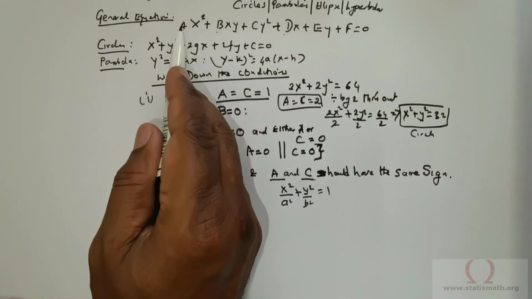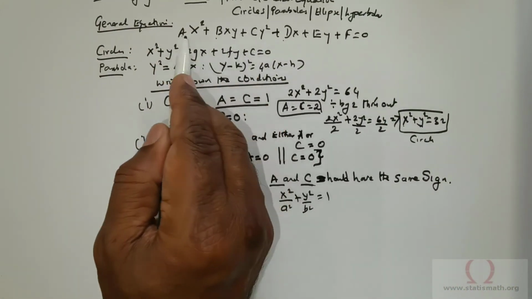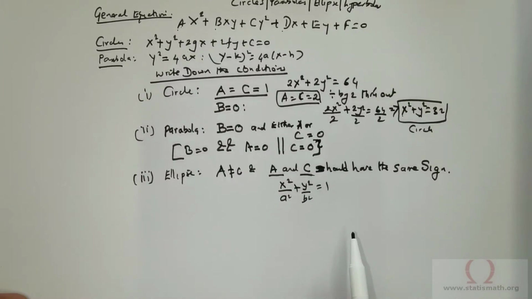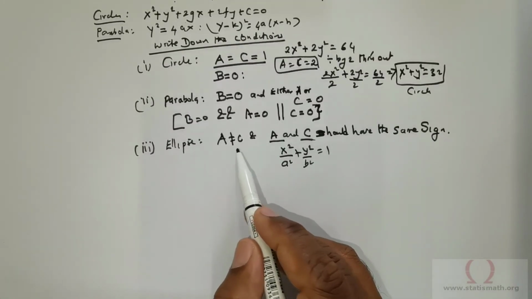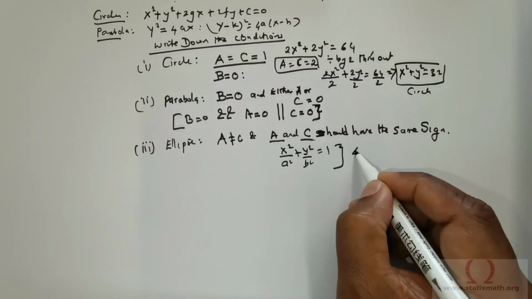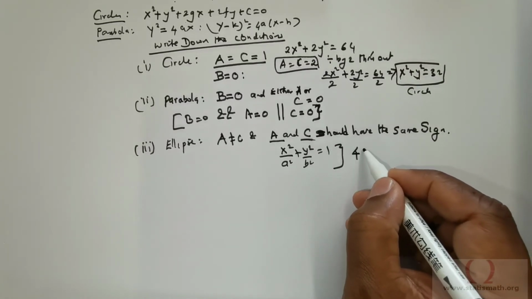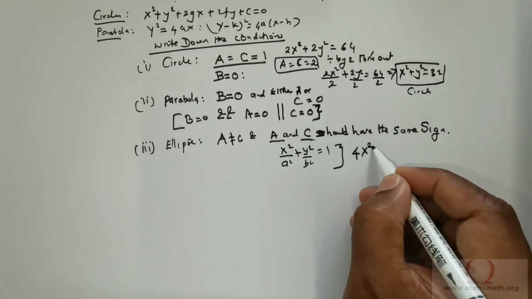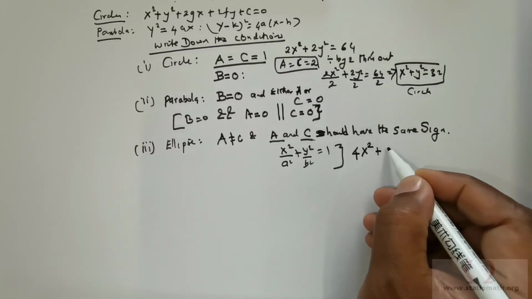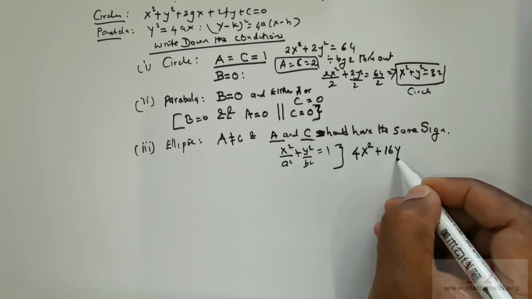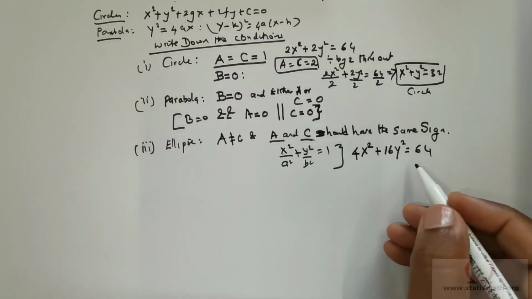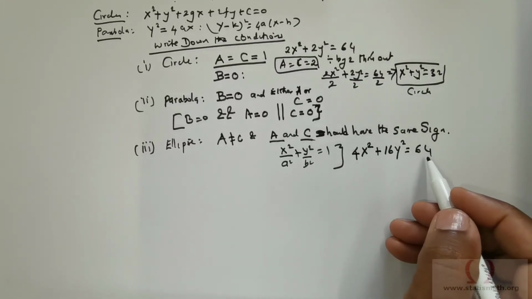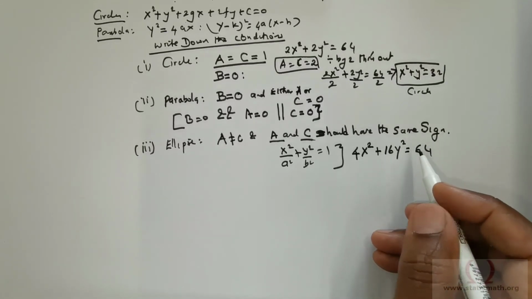So in this case, we're looking for a and c to have the same sign. So why do I say a not equal to c? Suppose we are given this system, say 4x squared positive 16y squared is equal to 64. This is a conic equation.